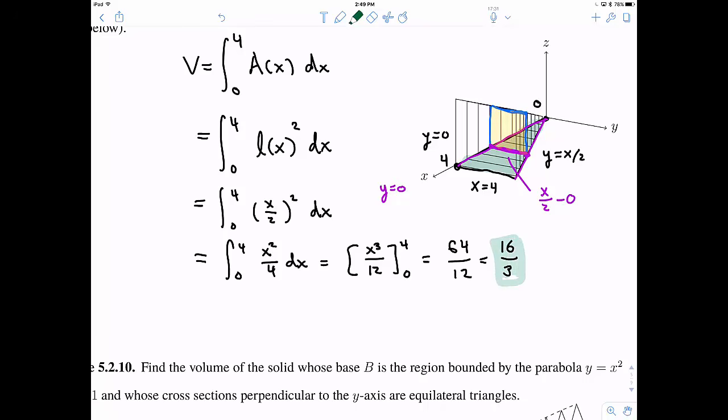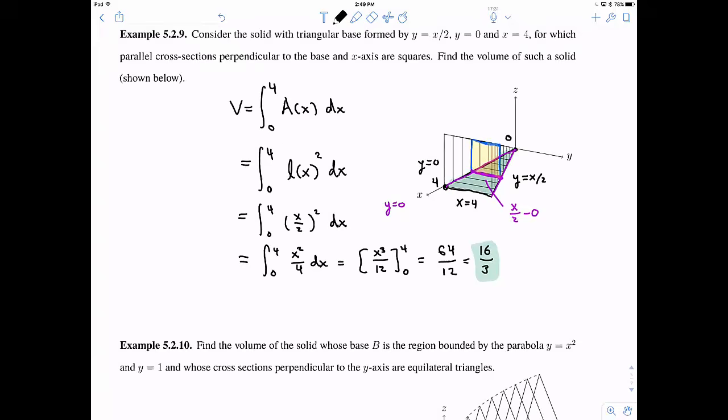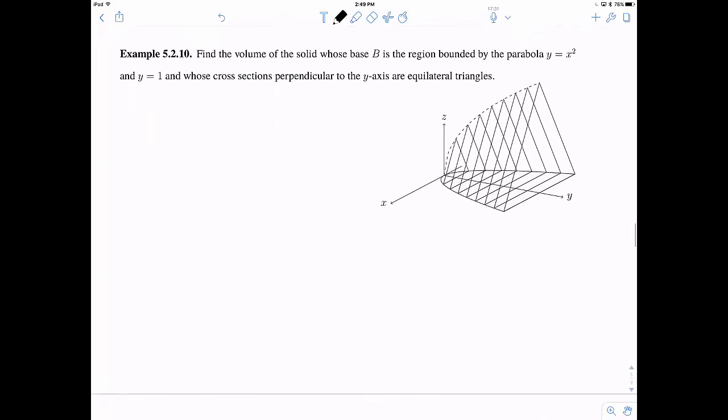Okay, so we see now that we can find volumes of things more than just solids of revolution, right? So let's try one more here, the last one for the section, and that is to find the volume of some solid whose base is B, and this is the region bounded by y equals x squared and y equals 1.